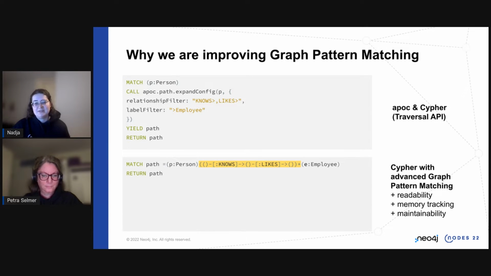If you would implement this in the Traversal API directly, it will require quite some code, because you cannot use the predefined functionalities of the Traversal API. And you might even have to restart your DBMS to make changes.